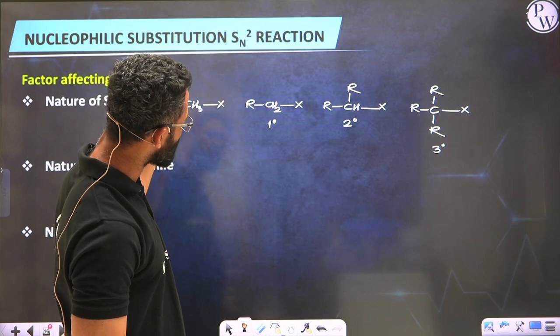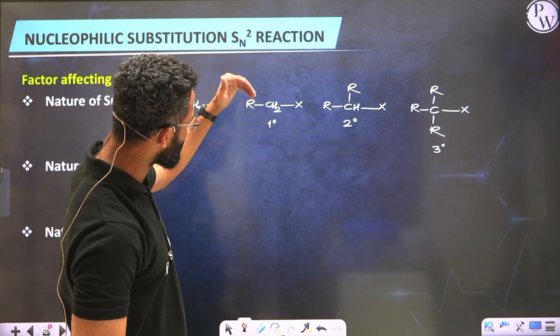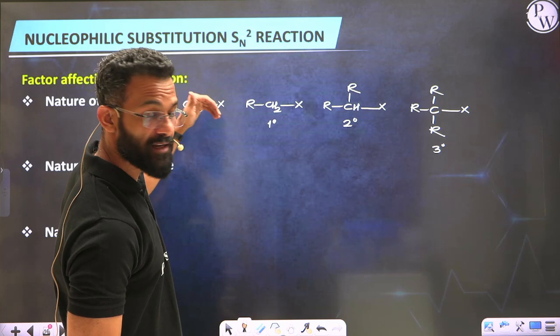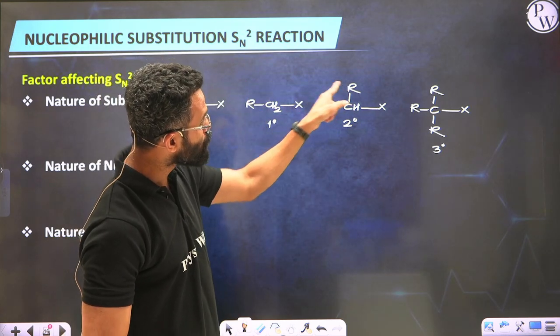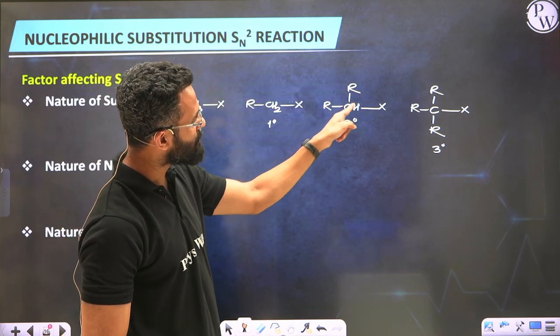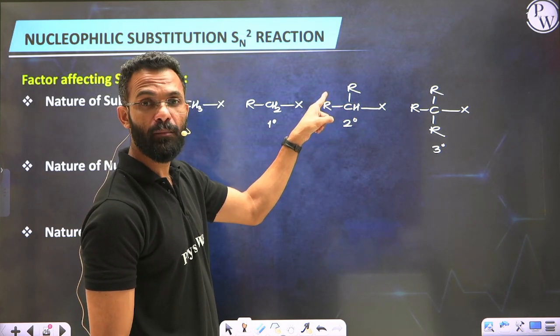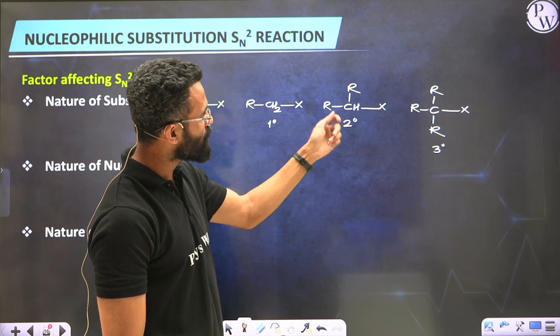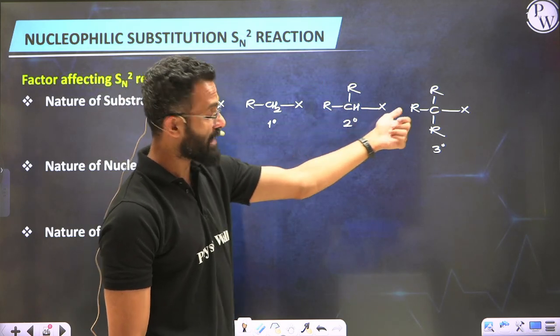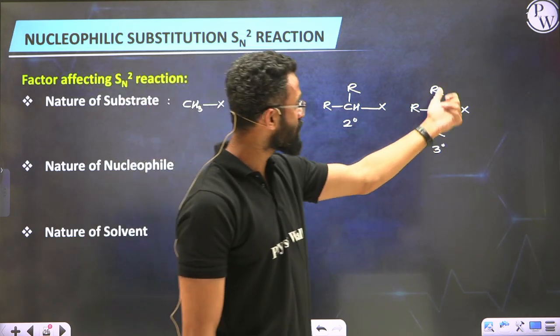So the approach of nucleophile will be relatively difficult in primary as compared to methyl. In secondary, there are two such alkyl groups present at the carbon carrying the leaving group. So this is a sterically hindered carbon with two bigger groups, and the approach of nucleophile will be even more difficult. And in tertiary, there are three alkyl groups present.